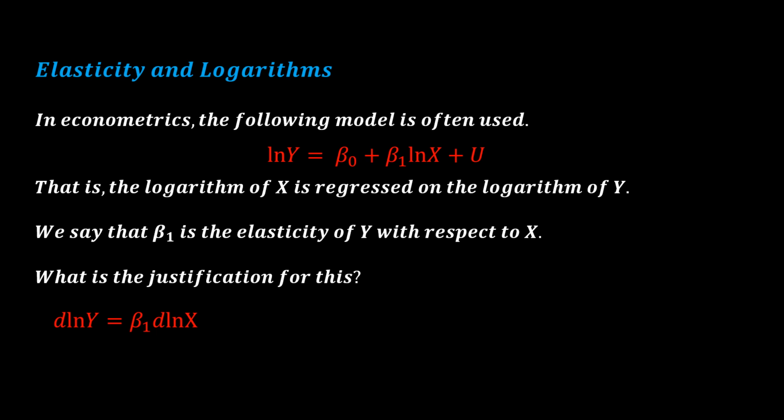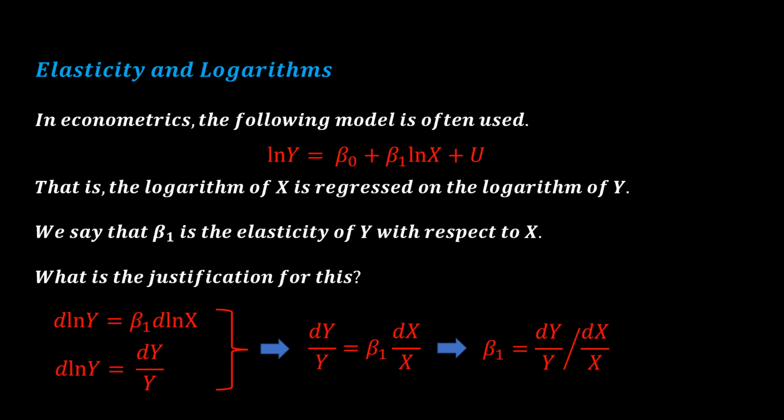To see why this works, first take the differentials of the model. Then recall that the differential of the logarithm of y is equal to the differential of y divided by y. Combine these two expressions and divide by dx over x.